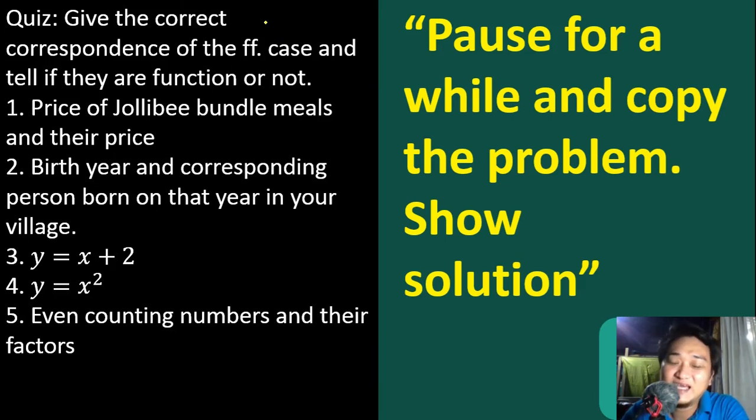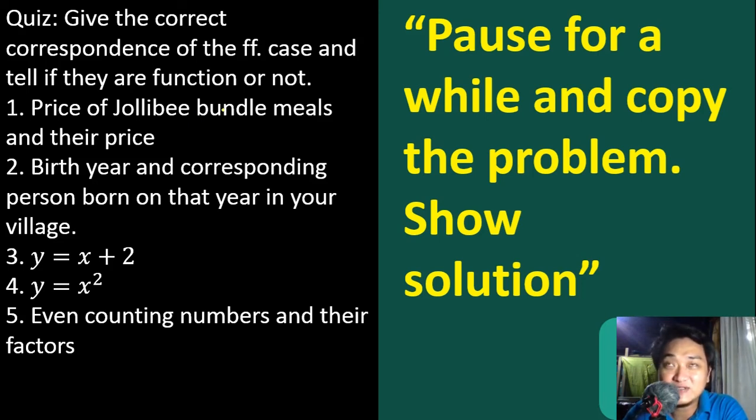Now, I will leave to you an exercise for you to answer at home. From numbers 1 to 5, I want you to identify which of the following is a function or not. I want you to tell the type of correspondence of the following given examples, and tell us which are function and which is not.